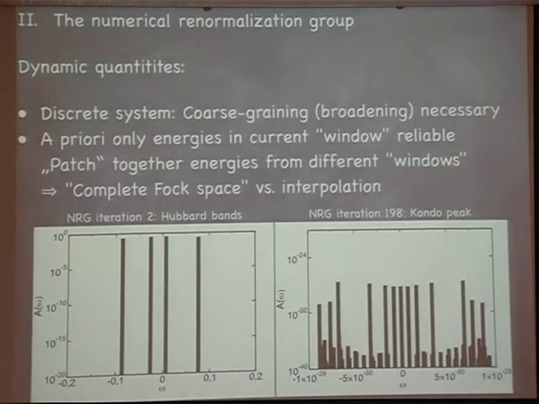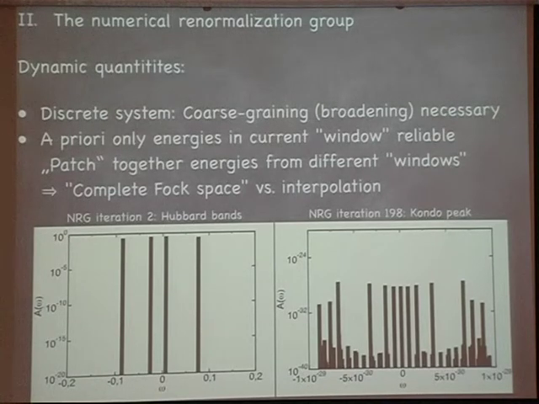Now, dynamic quantities. Since we have a discrete system, coarse graining and some broadening is necessary. A priori, we don't have energies only in the current window, as I told you. Every window defines an energy scale, and we have to patch them together somehow. There's one thing called the complete Fock space that helps you do this, or you can do interpolation.